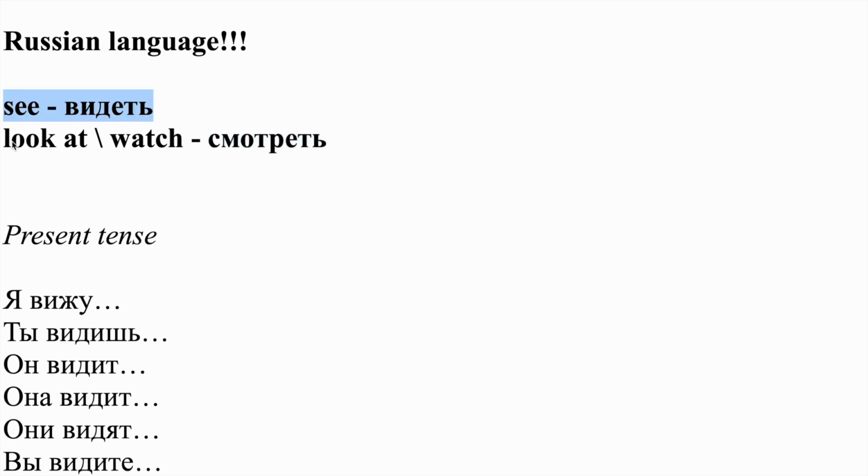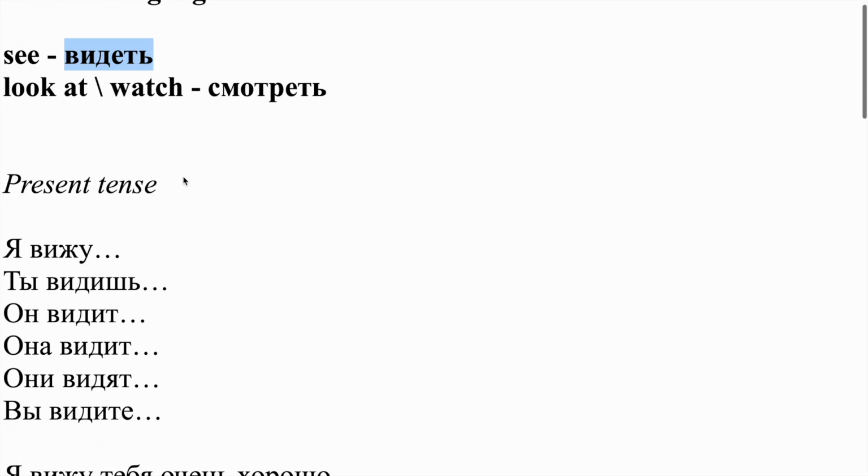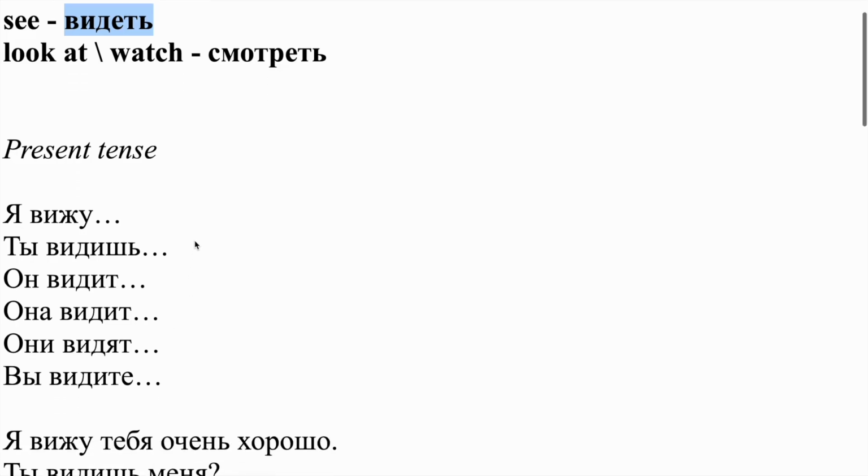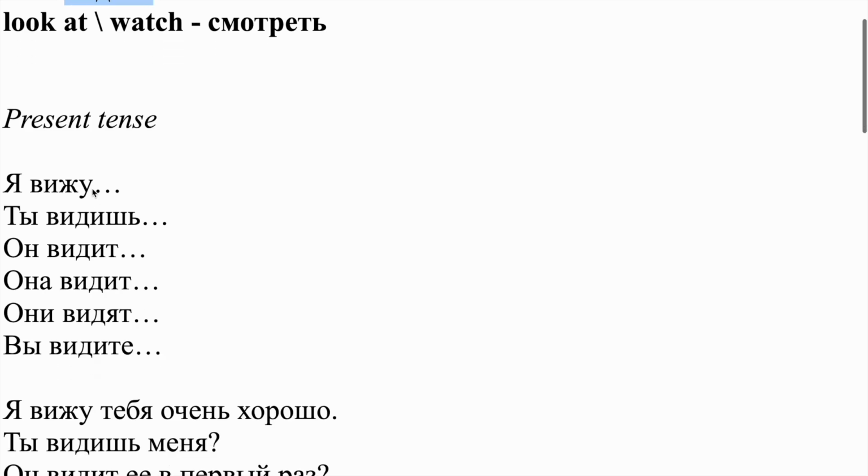In the next video I'll explain to you about these two verbs, okay? But today everything about видеть. How can we change this verb? Of course, as always, it depends on the pronouns and tenses: future, past, present, and so on. And we will start from the present tense.